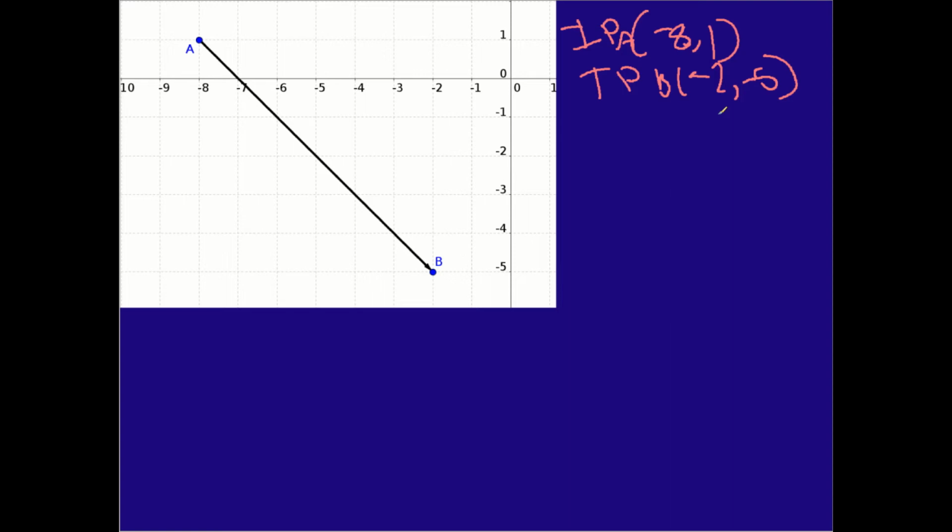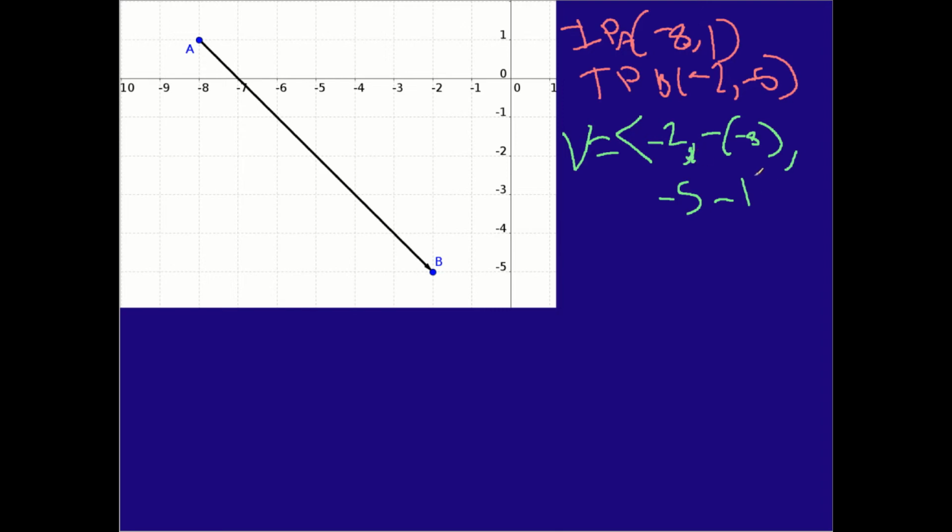So the first thing we have to do now is put this in standard position. In other words, where the initial point starts at (0, 0). We've done this before in a prior video, but just to work it out in front of you, let me see if I can make it clear for you. We're just going to call it a vector v or something. Vector v is going to equal the following: (-2 minus -8, -5 minus 1).